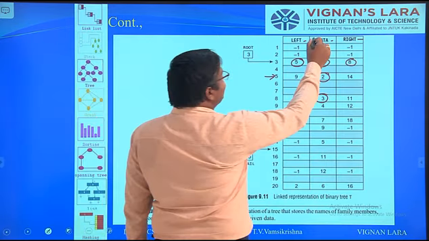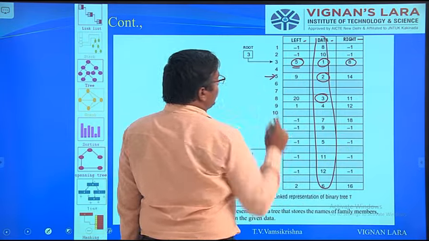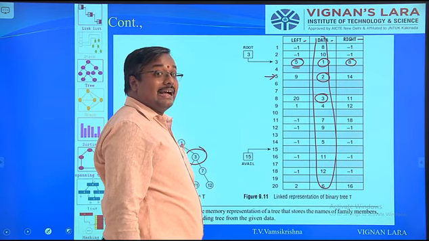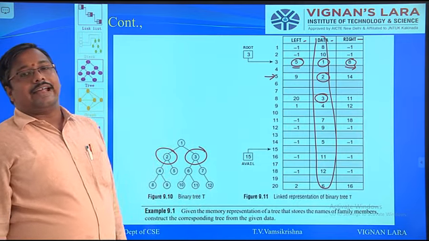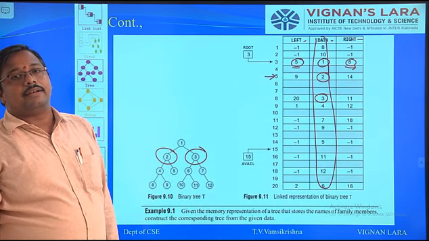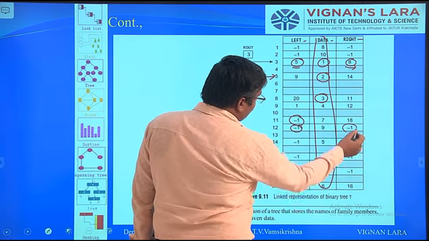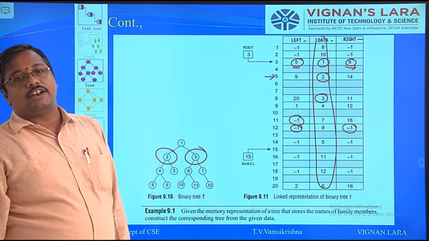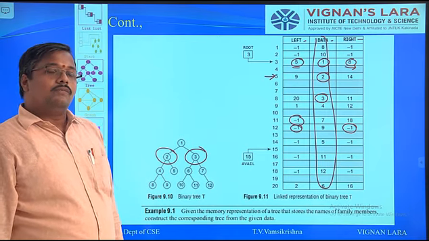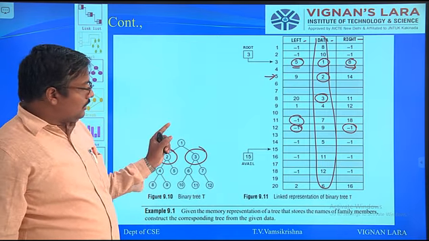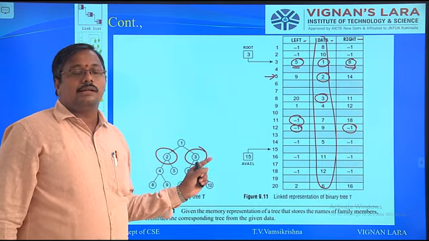Like that, in each and every node, the center one represents the data, the left side one represents the left child address or left subtree address, and the right one represents the right child address or right subtree address. Where we have -1, it refers to null, meaning there is no further extension. So this is the way to represent a binary tree by using a linked list.